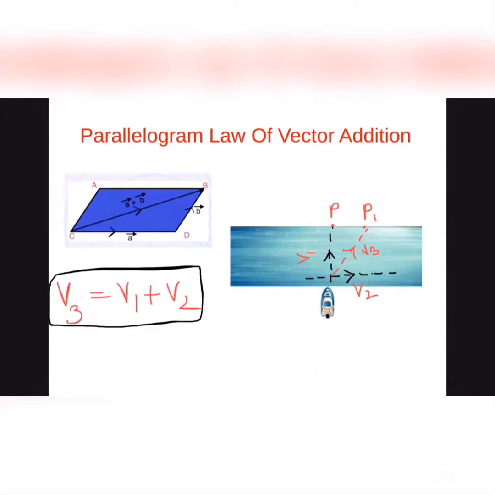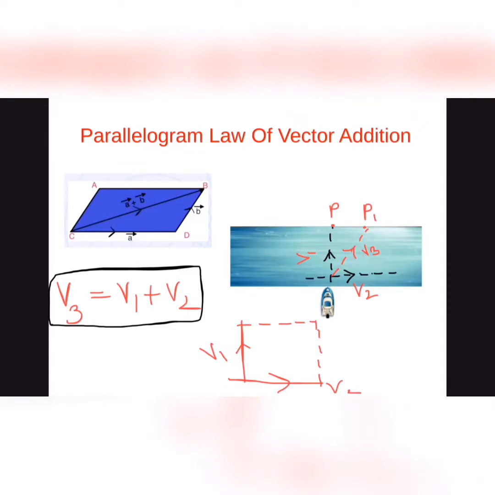This is because, look, this is V1 vector and this is V2 vector, and if we draw a line parallel to V1 and also if we draw a line parallel to V2, they form a rectangle, and a rectangle is a special parallelogram.